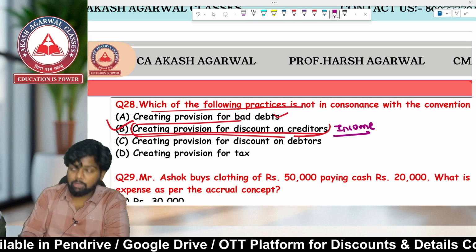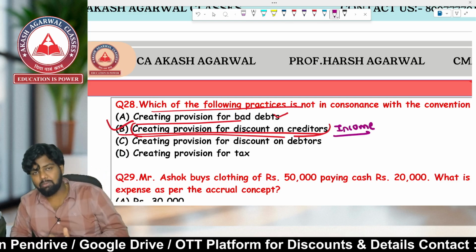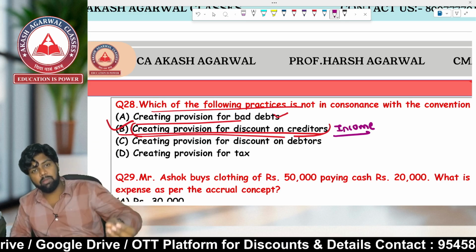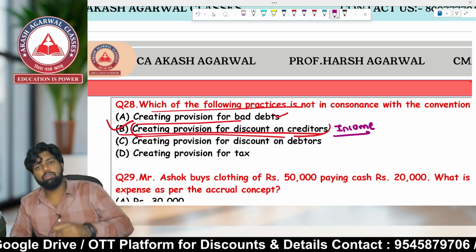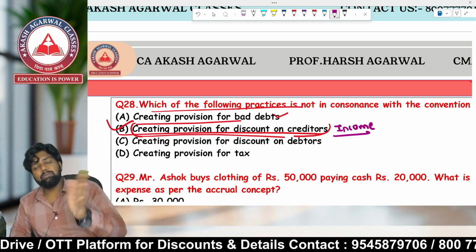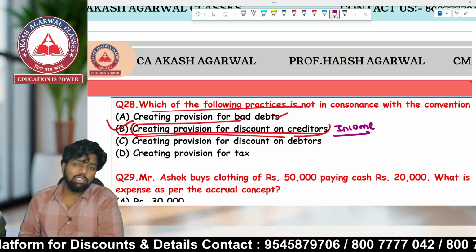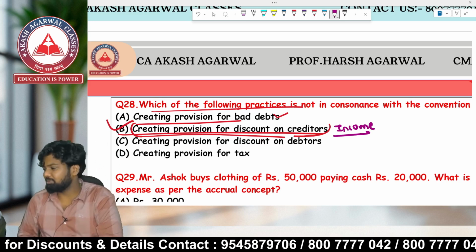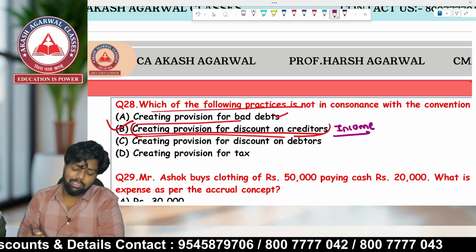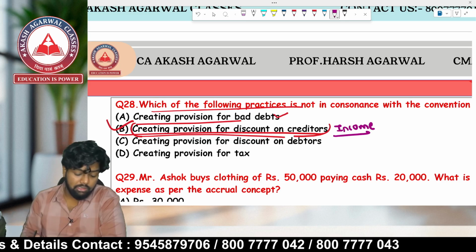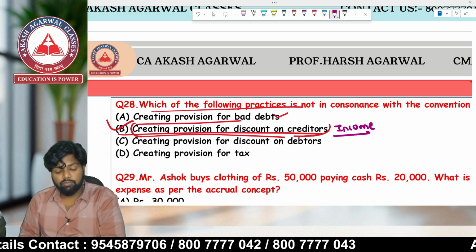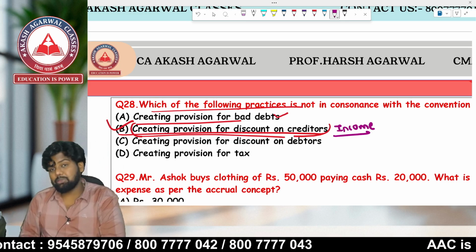Creditors are the persons to whom we are supposed to pay money, and whenever we receive discount from them, it is discount received, which is an income. The concept of conservatism says to record all future losses but not future incomes. Anticipating income is not following the practice of conservatism.